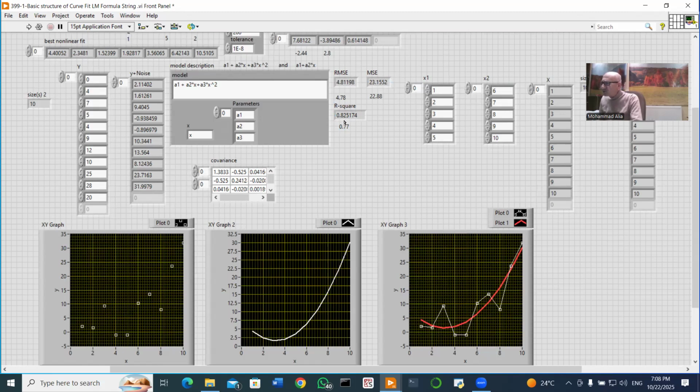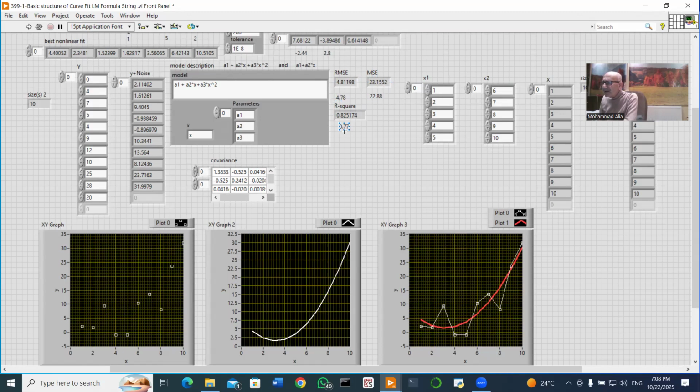It is very close to 1. And the mean square error 23 is also acceptable. Of course, as small as it is, it is better. The root of this value is given here, root mean square error is about 4.8. So this information is the same. When I solved this example by using Python, I got that the mean square error was 22.88 instead of 23.15.